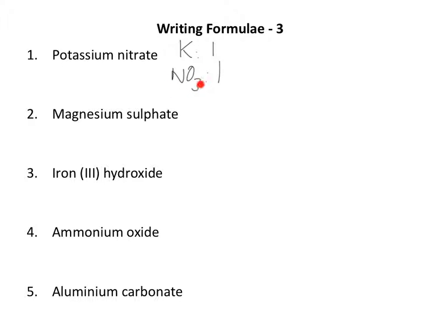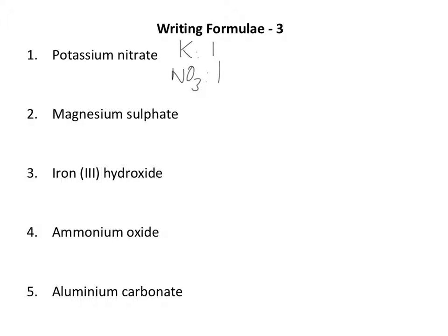We never change it from being NO3. We might have multiple lots of NO3, but it must say NO3, because this bit tells us that it is a nitrate. If I start mucking around and changing how this is written out, it no longer tells the chemist that we have a nitrate.